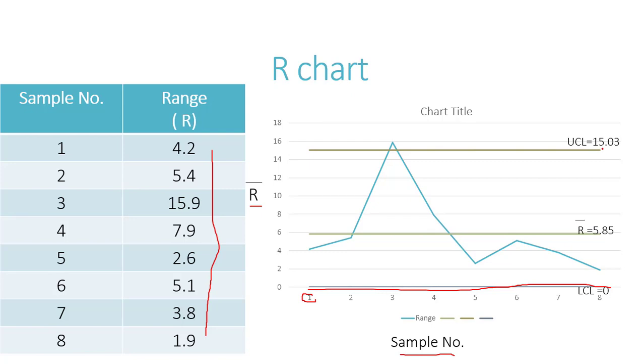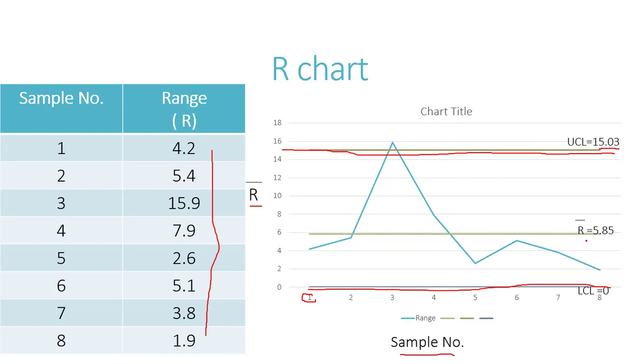The value of the upper control limit is 15.03. So we will draw a horizontal line passing through 15.03 value of R, and the lower control limit value is 0. So we need not draw a line, because the x-axis is the lower control limit.